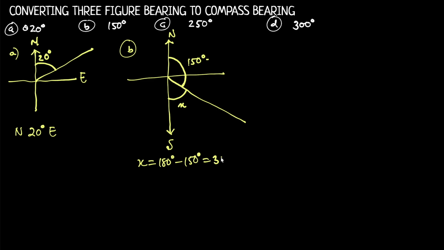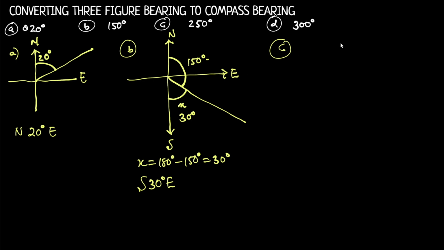That is 30 degrees. Remember that this part is the east. So the compass bearing for 150 degrees, three figure, is going to be south 30 degrees east. Do not make the mistake of using the angle that we have at this point.